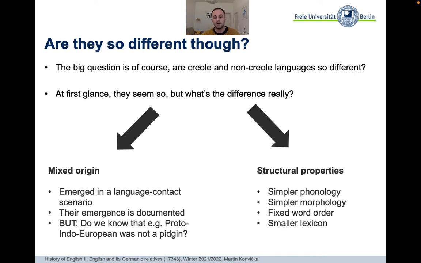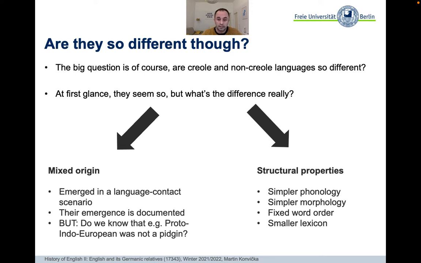Another thing is their structural properties. Because one thing that, at least for pidgin languages, is quite logical is that the structures that they inherit from the native languages of their speakers get simplified, right? Because imagine a situation where you need to communicate about very simple everyday things.